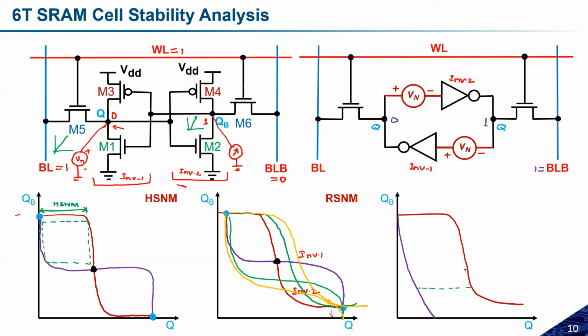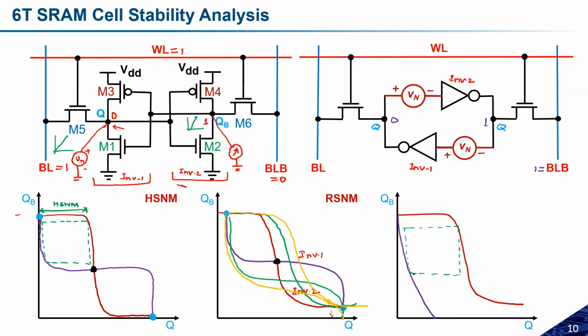Let us assume the square, not at this point, maybe we can get somewhere here. So anywhere you just need to locate where you are getting the maximum sides, and that will be the write noise margin. So this is how you can calculate it.